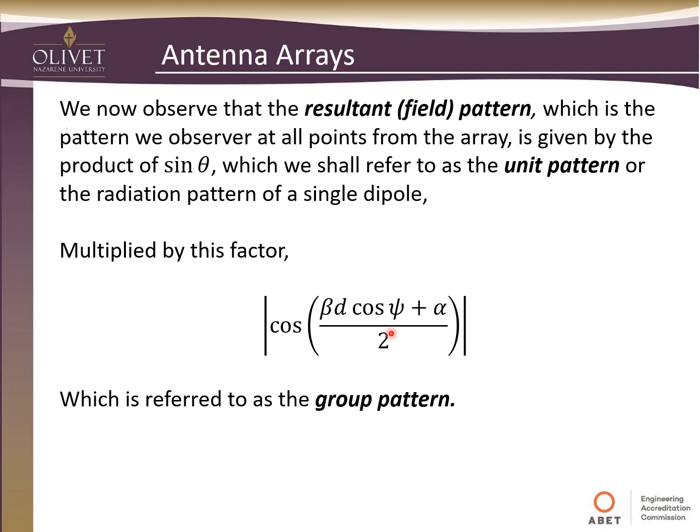We can have the pattern associated with whatever type of antenna, which in this case we're using the Hertzian dipole. You can put other kinds of antennas there if you want, but it's going to give you a different unit pattern. And then we've got our group pattern, which is determined by how far apart we set the antennas and the phase difference between the sources fed to them. So let's look at this further.